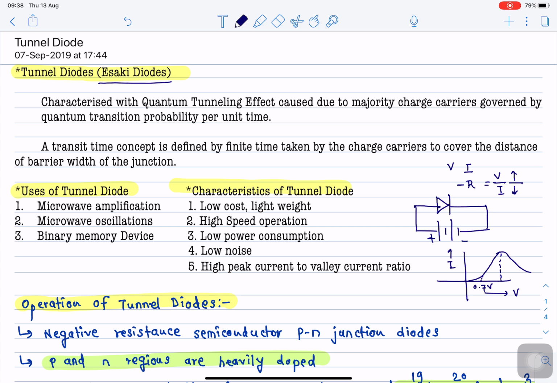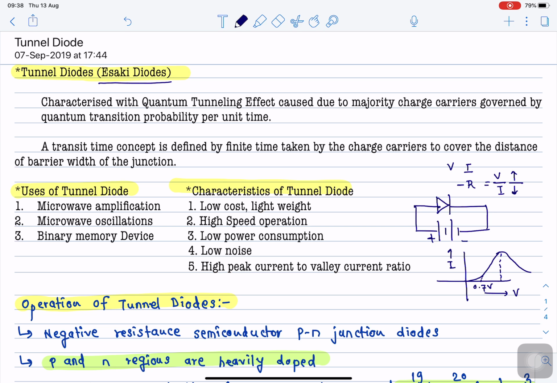And this negative resistance is a very unique property which is exhibited by certain types of diodes. This negative resistance property of these diodes is utilized in applications such as amplification and oscillation, right?